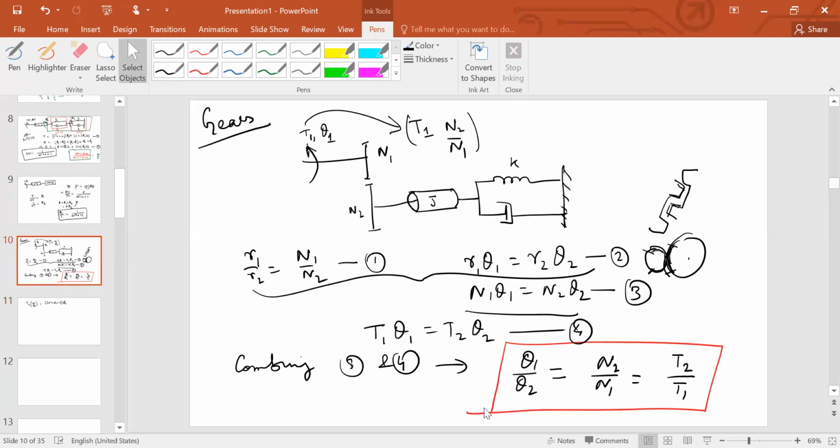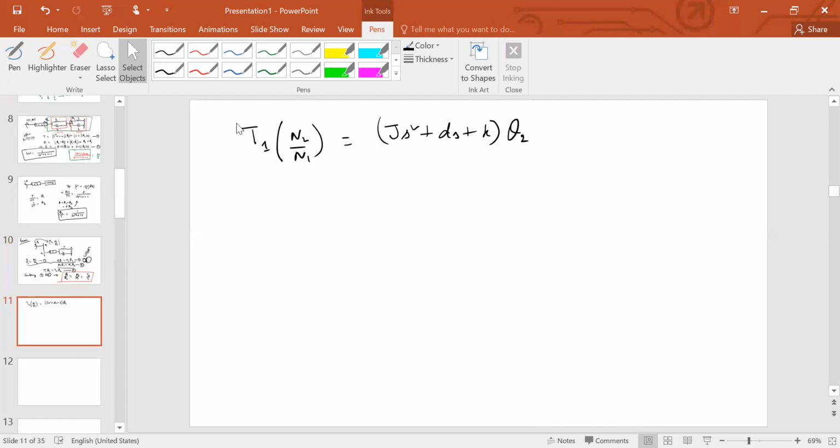Here these are coupled by a gear and they follow this relation, so the teeth ratio gives you the relation between theta 1 and theta 2 as well. So now I'm going to write that down as Js squared plus Ds plus K times theta 1 multiplied by N1 upon N2.